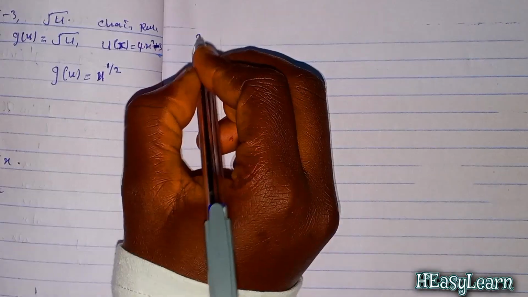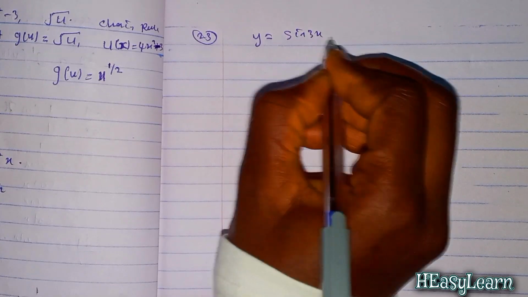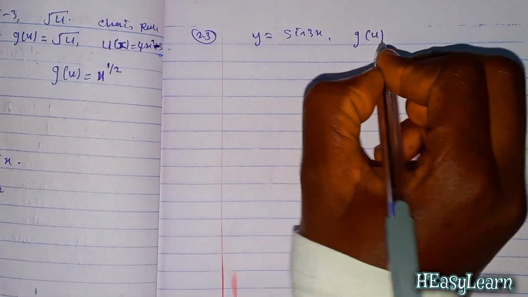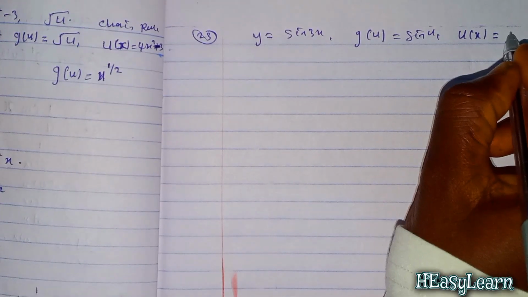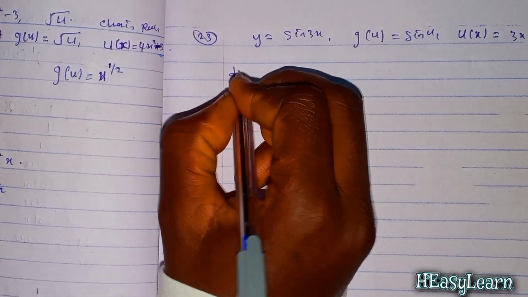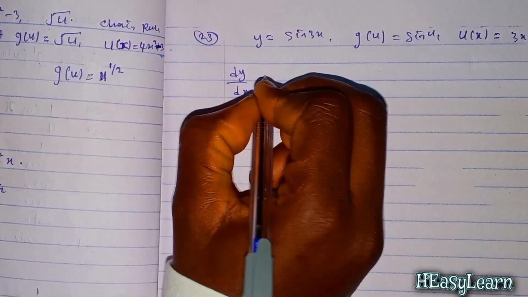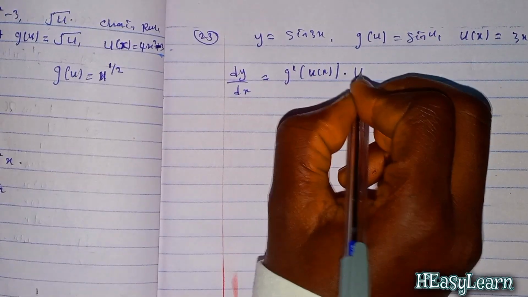So let y equal sine 3x. In this case, g of u is equal to sine u and u of x is equal to 3x. So this is a function of a function. To find the derivative of this function, I'm going to use the chain rule technique. Multiply by u prime.